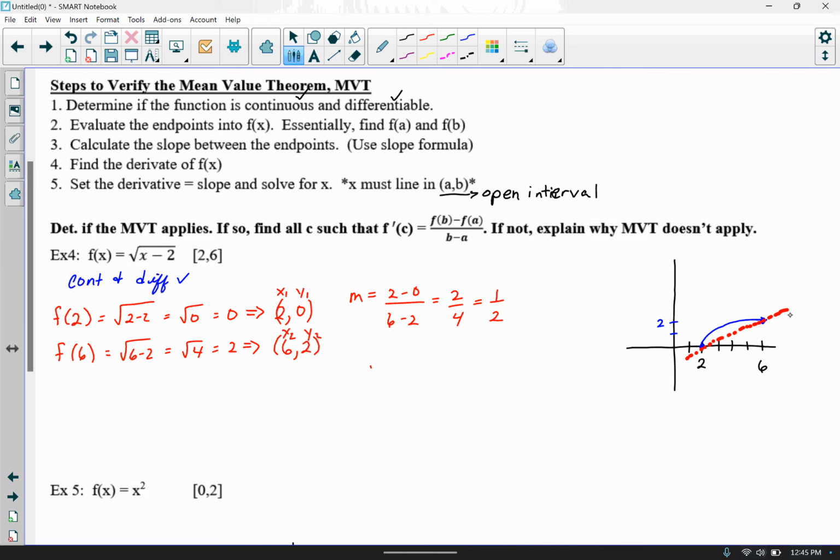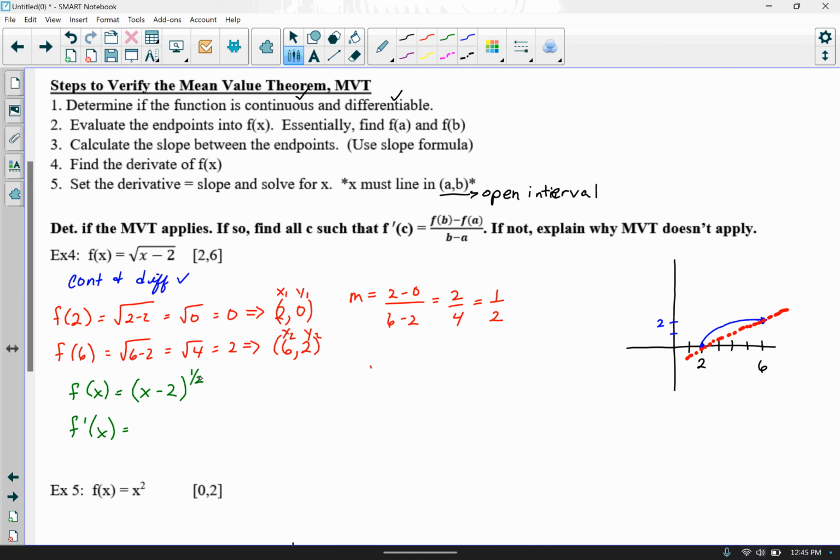And then I need to next find the derivative, step 4, f prime of x. All right, so I'm going to take a moment and let me rewrite f of x. F of x equals x minus 2. It's the square root, so that's the same as raising it to the 1/2 power. All right, so now I'm ready to find my derivative. You can use u substitution if you like, but for smaller functions like that, you might want to start thinking about it in this context.